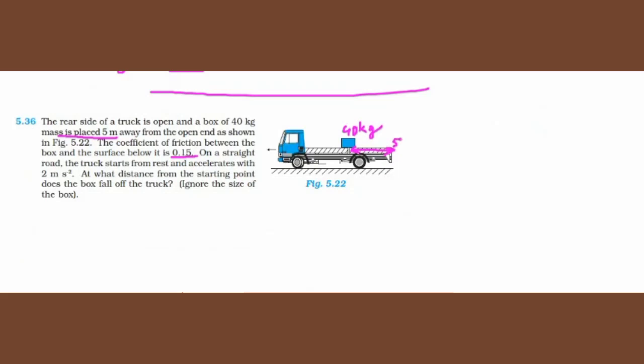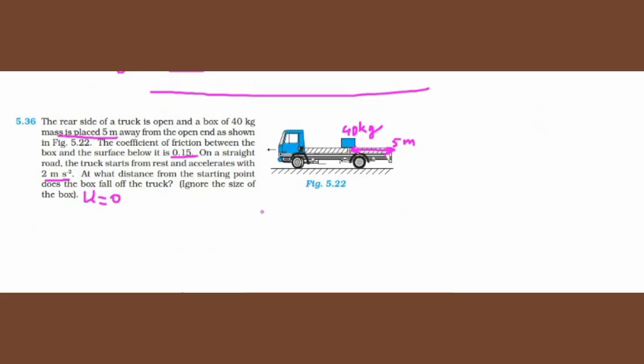Which means the block has to move backward 5 meter, then it will fall down from the truck. And the truck starts from rest, so initial velocity of the truck is 0, u is equal to 0, and it has an acceleration of 2 meter per second square.